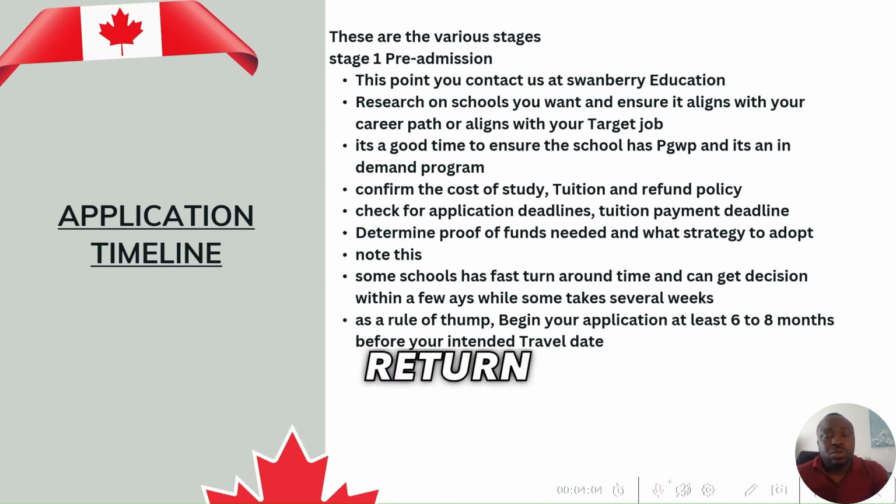If you're planning to return to your home country, then you don't really need to care much about the postgraduate work permit. But if you intend to stay back, you might want to consider that. Then confirm the cost of study, the tuition, and the refund policy. Check for application deadlines and the tuition payment deadline.